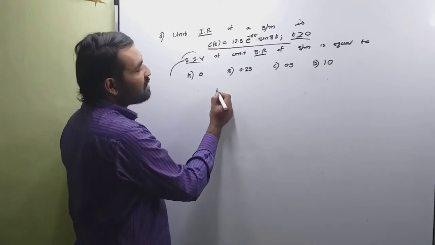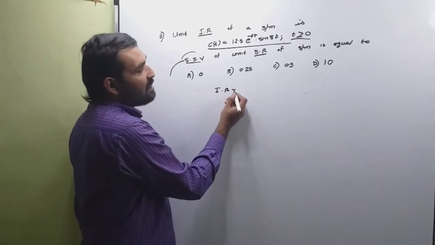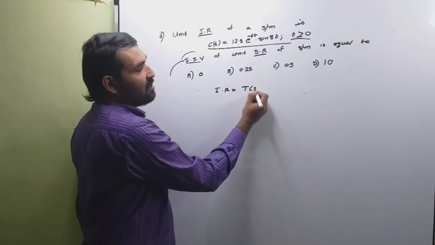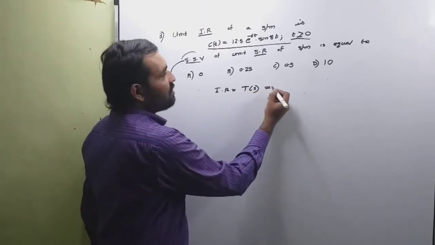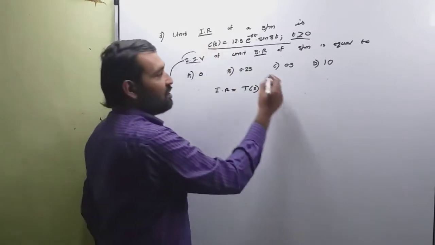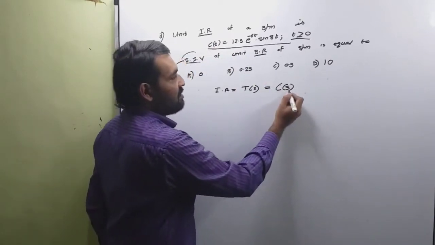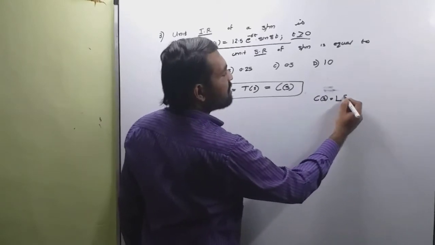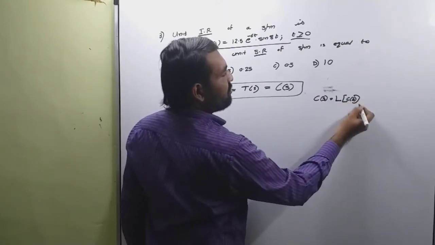So the impulse response is the same as the transfer function. So T of s is equal to the Laplace transform of c of t, that is C of s is equal to the Laplace transform of c of t.